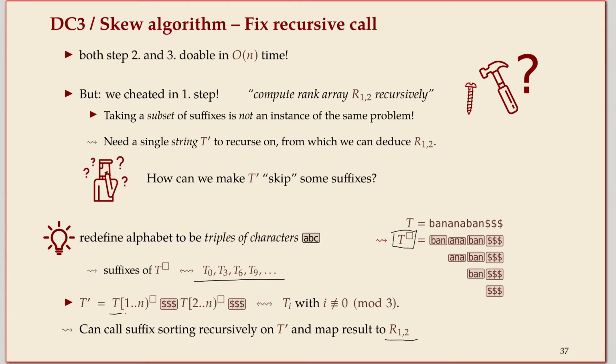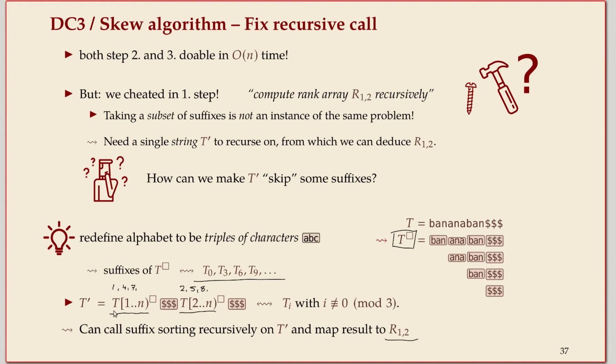But with a slight twist on this, we can get those. We take the suffix of t that starts at 1, and we take the box that gives us all the suffixes 1, 4, 7, and so on. And we take the suffix of t starting at position 2, the third character really, that gives us the positions 2, 5, 8, and so on.